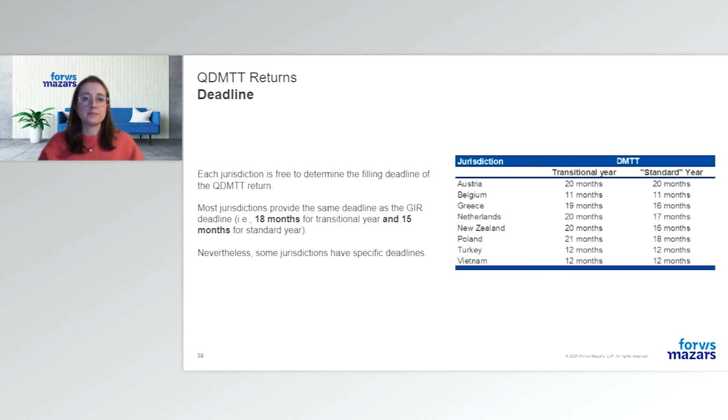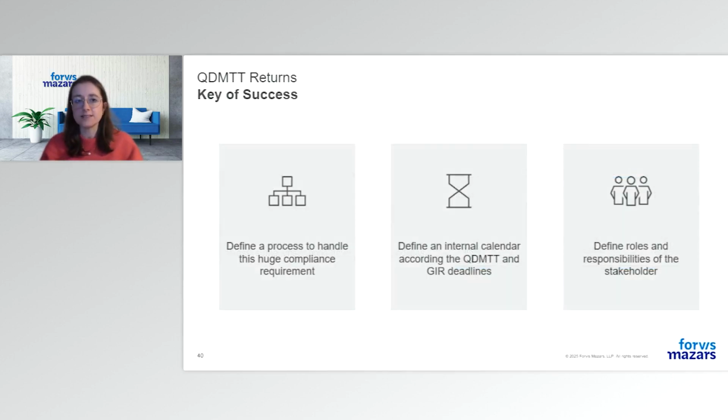And then let's move on to the next slide. Having said this, the key to success, as we have said earlier already, is that there has to be a process defined to handle those compliance requirements. We have to track the different jurisdictions and their national specifics. An internal calendar is very useful for that, to monitor the QDMTT and the GloBE information return deadlines.